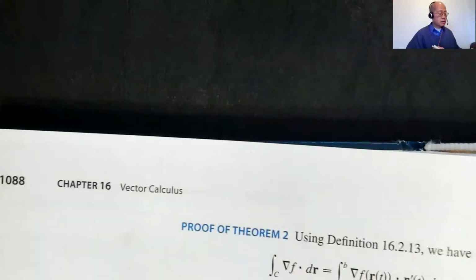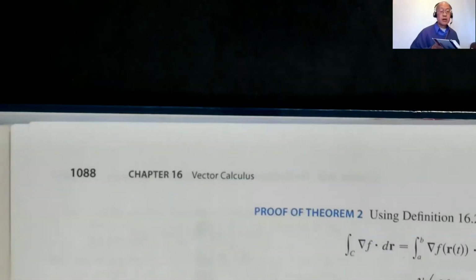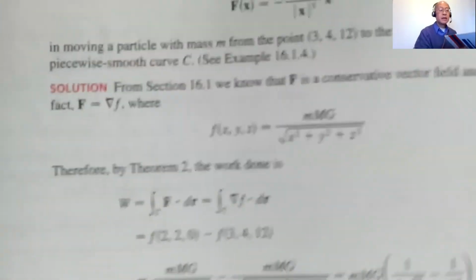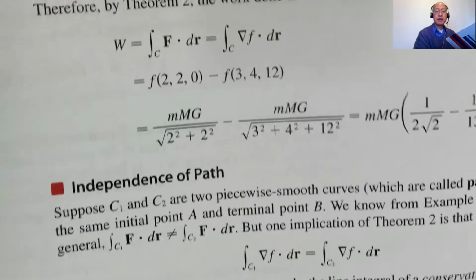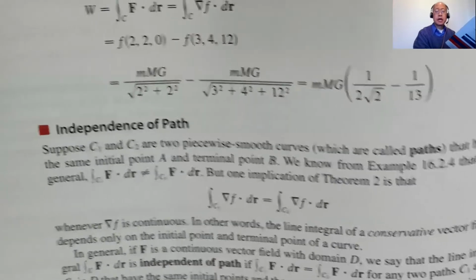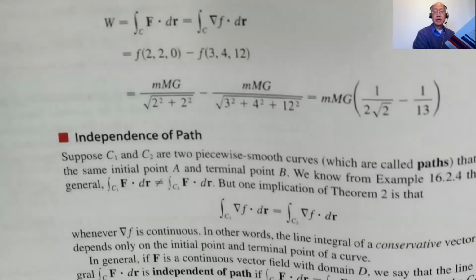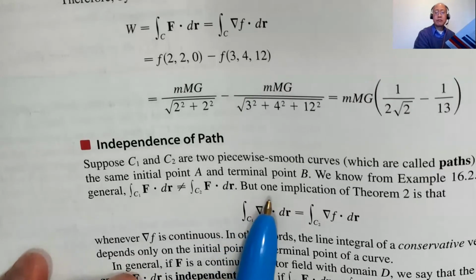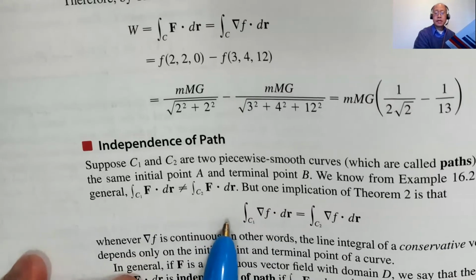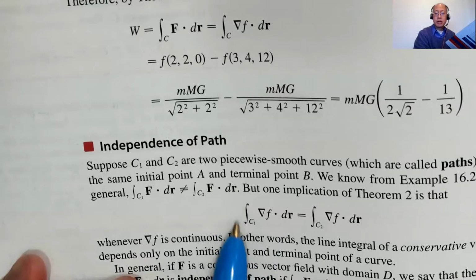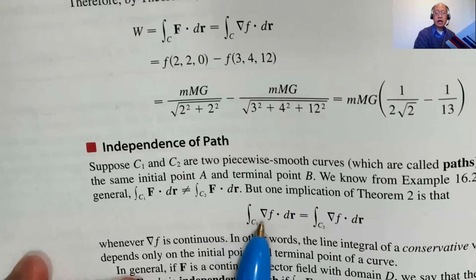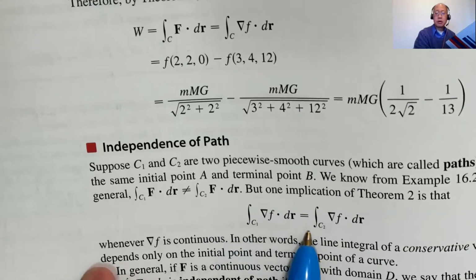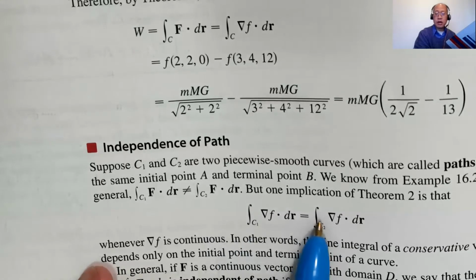All right, so we have some terms that we have to talk about. All of these turn out to be equivalent. On page 1088, independence of path or path independence. The concept of path independence is that as long as you have the same initial and final points, the integral is path independent if the integral along C1 of del f dot dr is the same as the integral along C2 of del f dot dr, regardless of what path you pick.